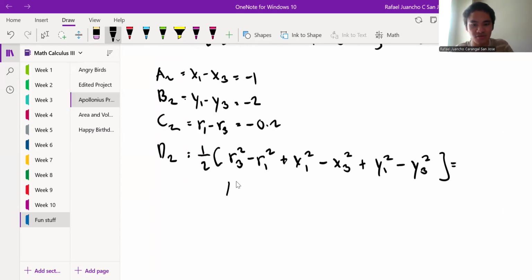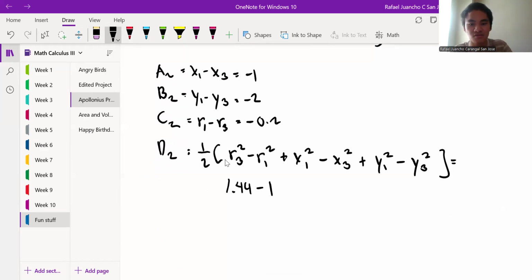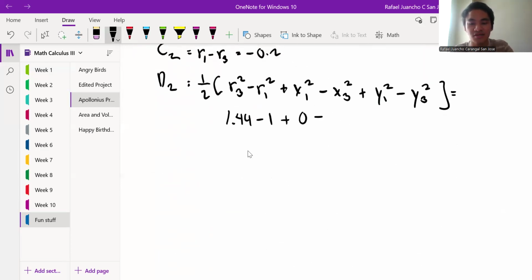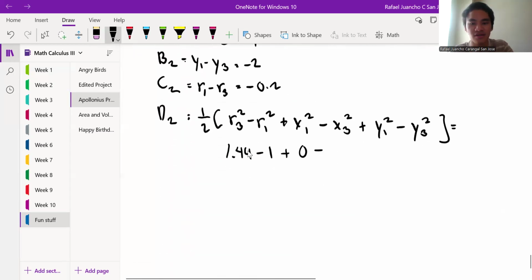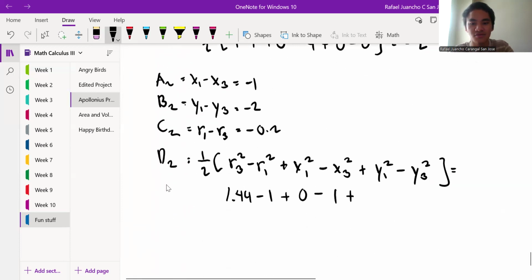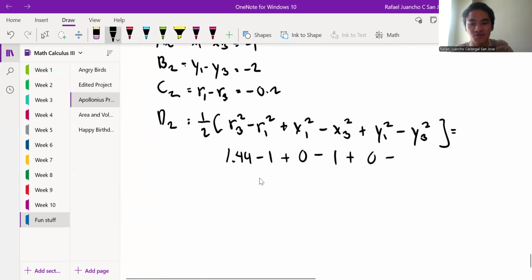That's 1.44 minus R1. That's 1 plus X1. That's 0. X sub 3, that's 1. Y1, that's 0. Y sub 3, that's 2.